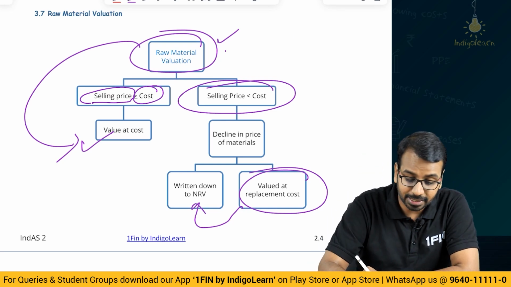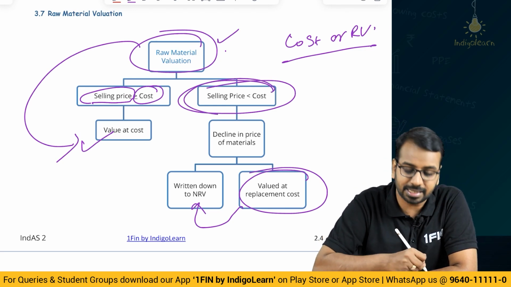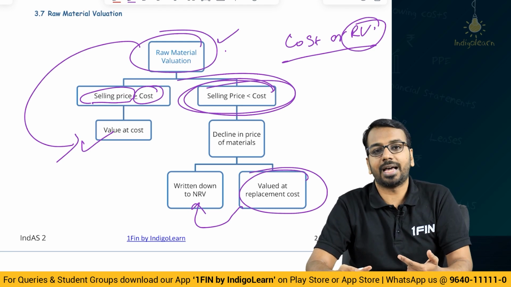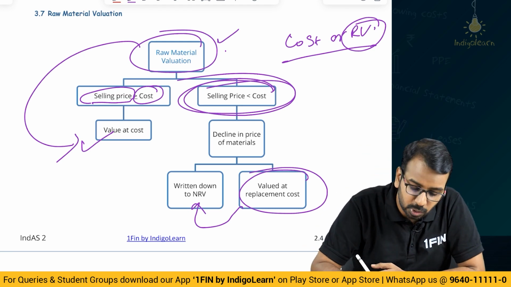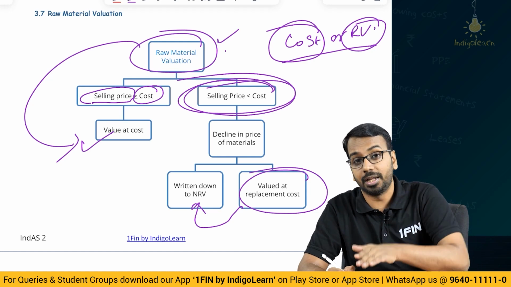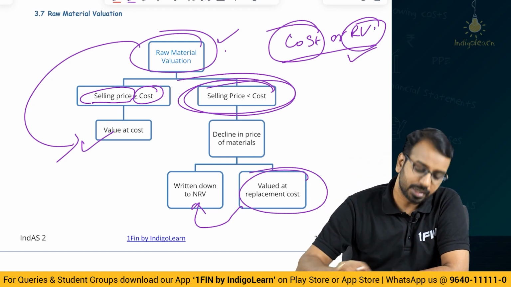Now don't take it that it is cost or replacement value, whichever is lower, not that way. If the selling price is less than cost, then you will write it down to replacement value. Now this replacement value, if it is greater than cost, then you will always value at cost only. So basically, only if the raw material prices have fallen and also the finished goods prices have fallen, then you will value it at replacement value.